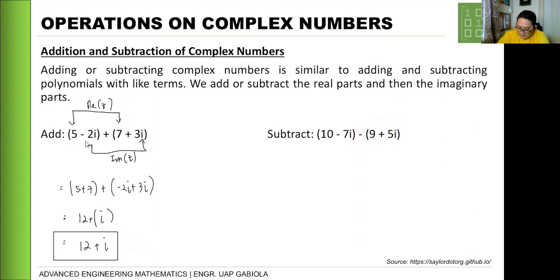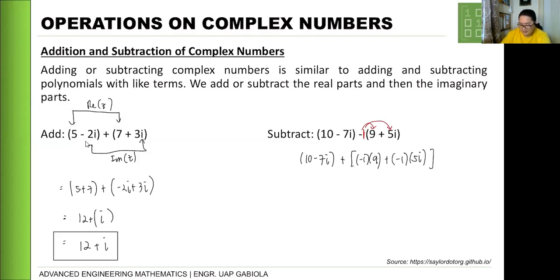So meaning itong negative natin, we can distribute muna doon. So we can copy yung first complex number natin and then we have negative times, gawin natin plus muna ito, and then meron siyang imaginary dito. Okay? So that can be negative 1 times 9 plus negative 1 times 5i.